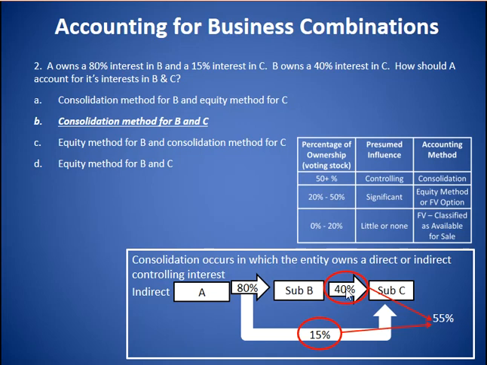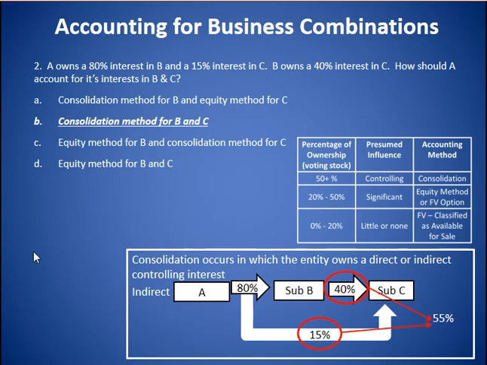Sub B has 40% control over sub C, but then you add our direct ownership of 15% in sub C, which means there's a 55% ownership interest, which is above the 50% plus threshold. So we would normally use a consolidation method for both sub B and sub C.